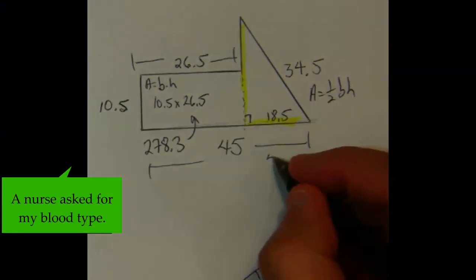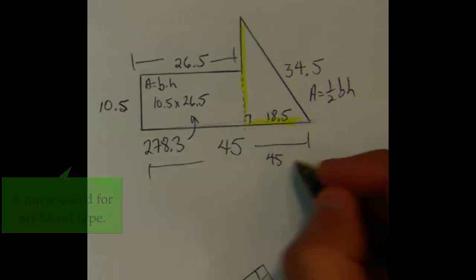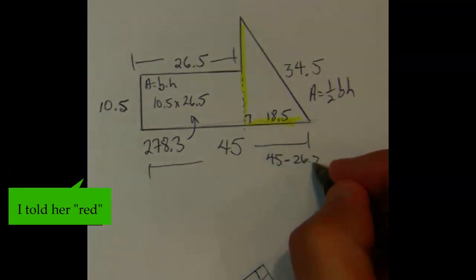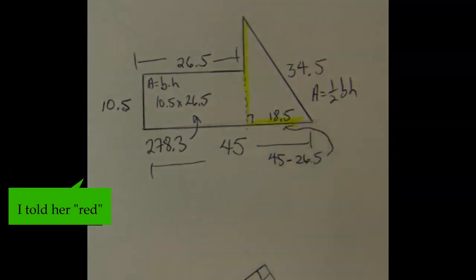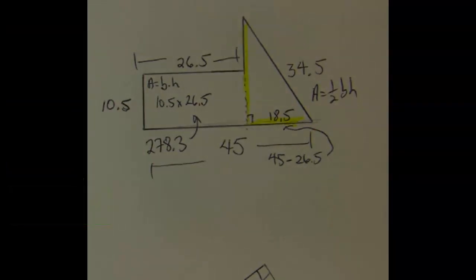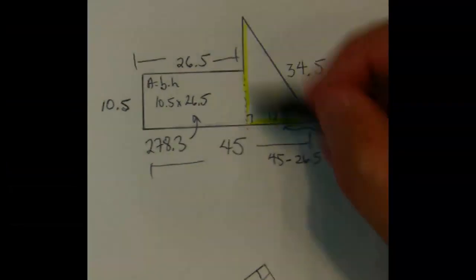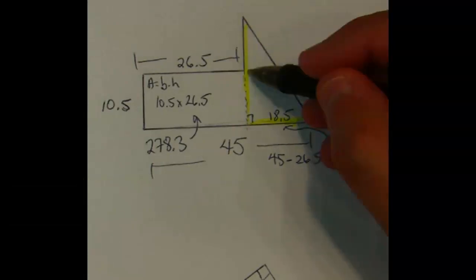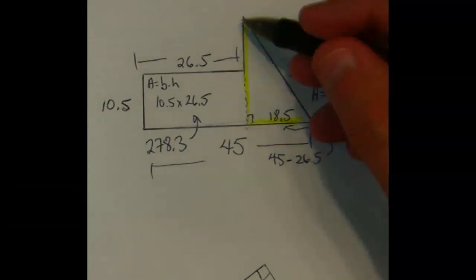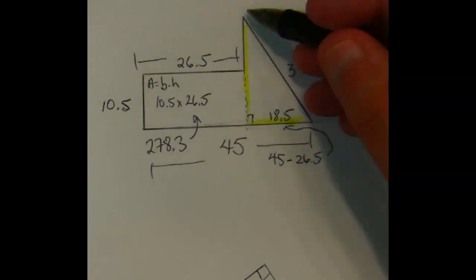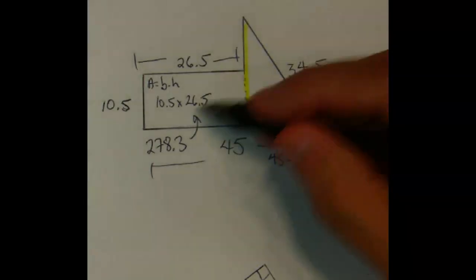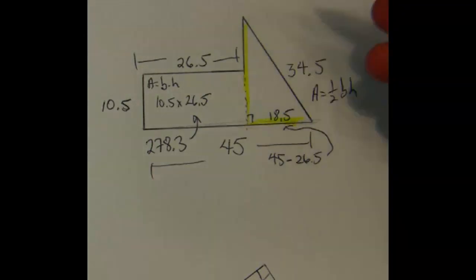Let me write that down for those who need to see it again. 45 minus 26.5 gives you 18.5. Now I need this other number. Well, I've got 10.5, but I have no idea what this is. We don't know if this is halfway up or not. A lot of students will say, well, if that's 10.5, that's 10.5, but we don't know that.